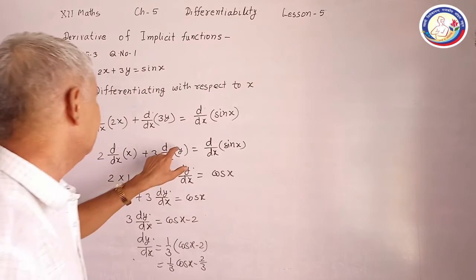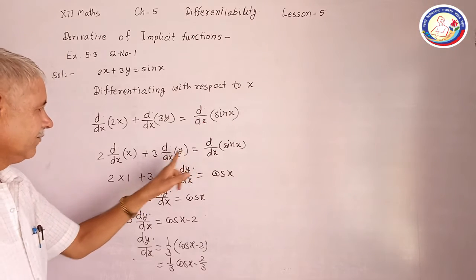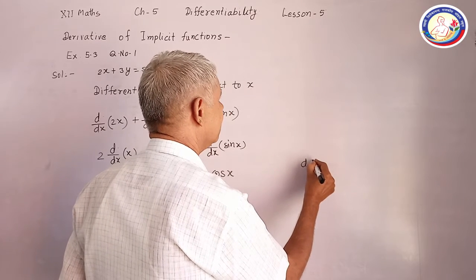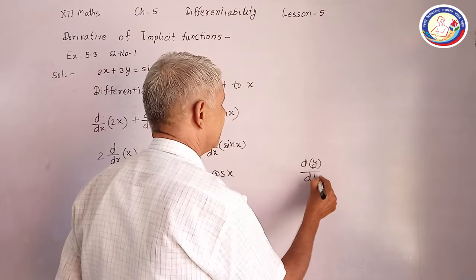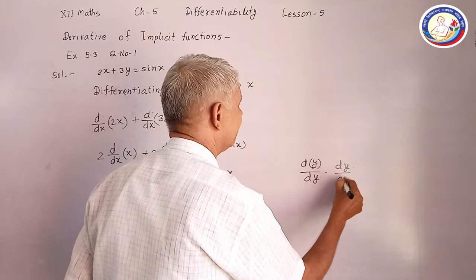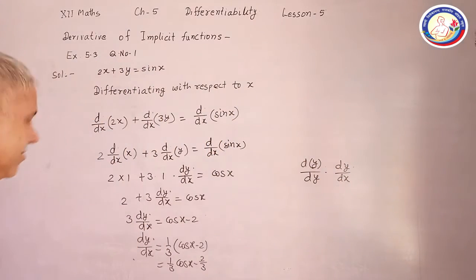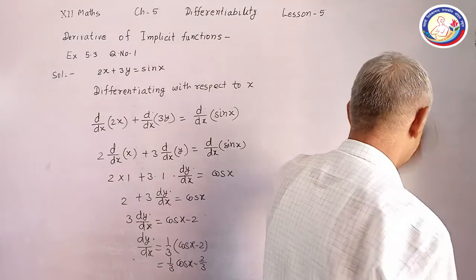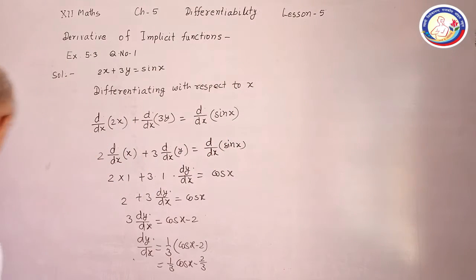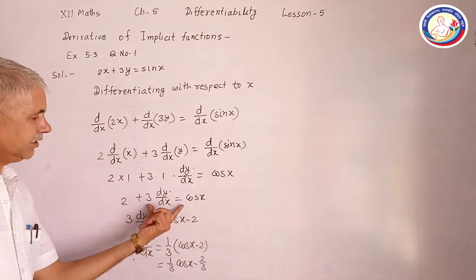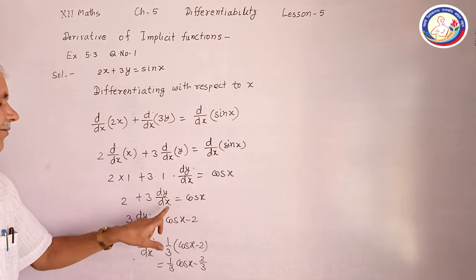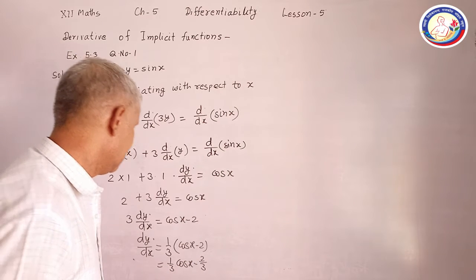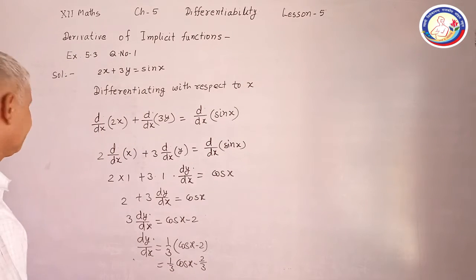Just say 3y, then if we are differentiating y with respect to x, first of all derivative of this function y with respect to y, and then derivative of y with respect to x. So this will be the way. In this way we can find derivative of function of y. So here this is the equation. We have to find derivative of y with respect to x. So by simple mathematics we reached at this point. This is the answer.